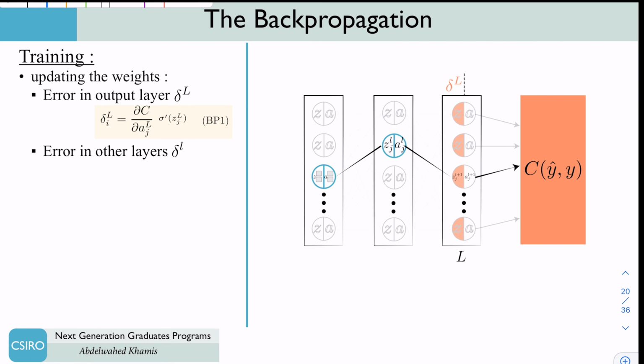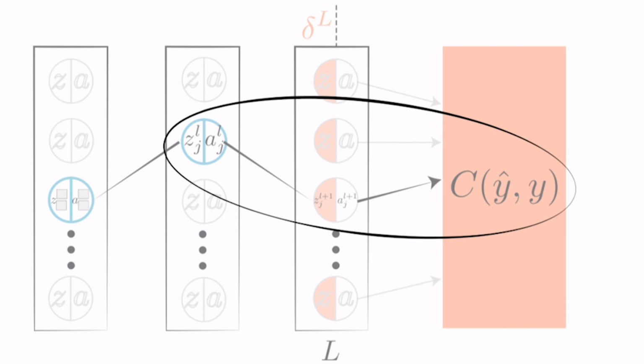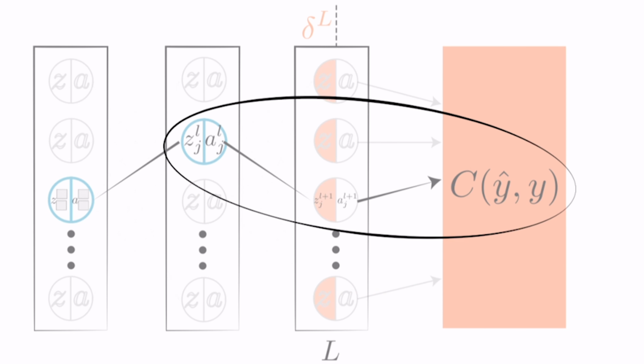But what about other layers? I want to calculate this quantity for other layers as well. So now we want to calculate the error with respect to z here, but the connection between z here and the cost is a bit more involved. So unlike the last time, the change in z will have a change in the activation, which will result in a change in multiple neurons in the next layer rather than one, and they in turn influence the cost.